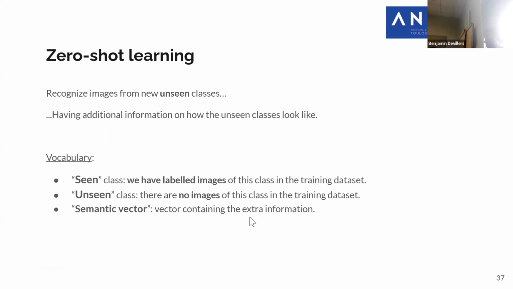It was the description I was giving before. Here we say semantic vector because it can be anything, but usually it is just a vector, and semantic because it gives semantic information about what each of them are. Then you need one semantic vector per class. So both seen and unseen, every one of them has to have a semantic vector.